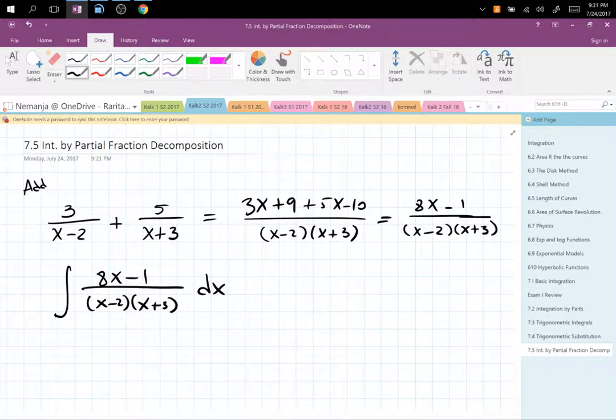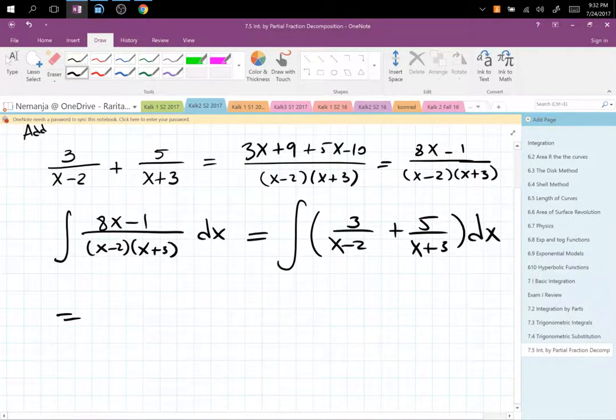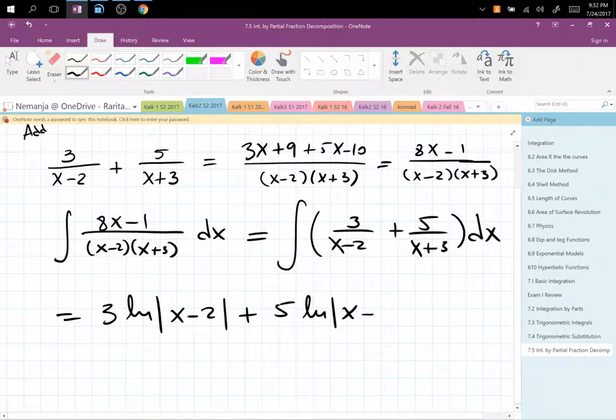So the only thing that you can do is to somehow know that this is equal to the integral of 3 over x minus 2 plus 5 over x plus 3 dx, and then use U sub on each one of these separately to get 3 ln|x minus 2| plus 5 ln|x plus 3| plus c.